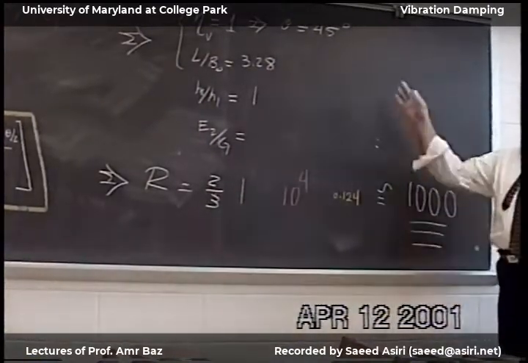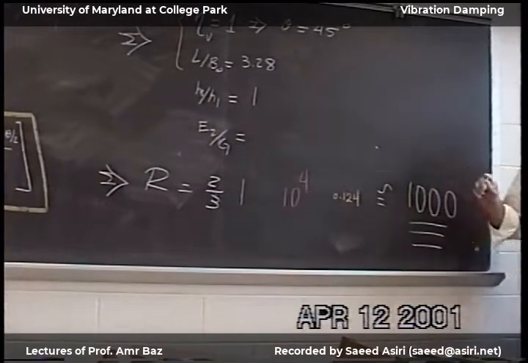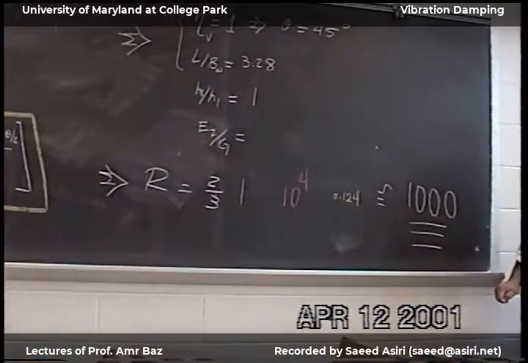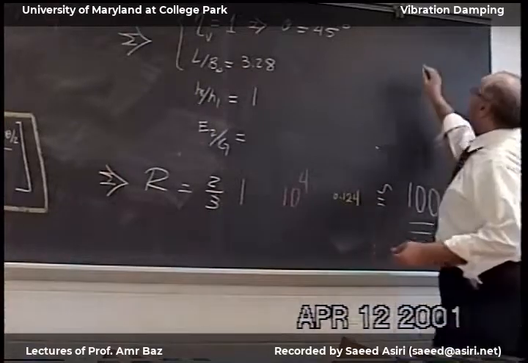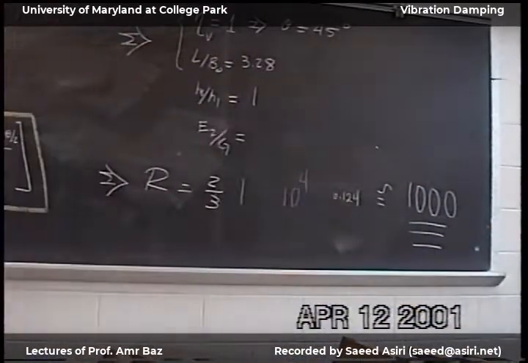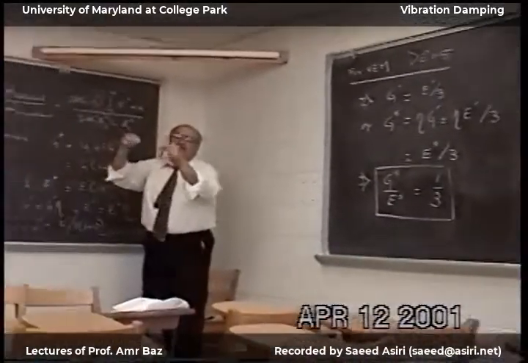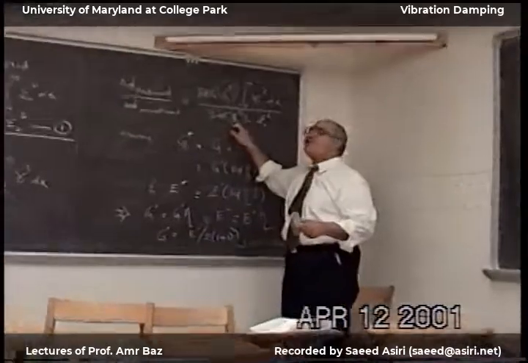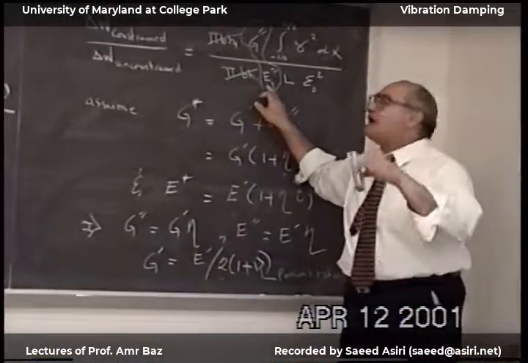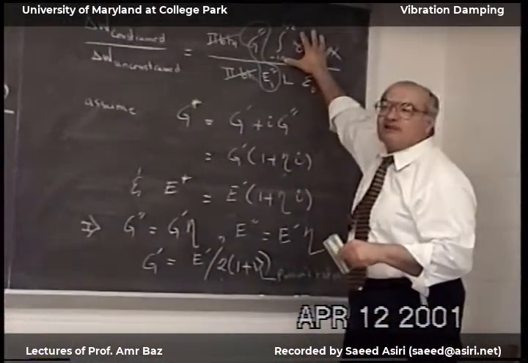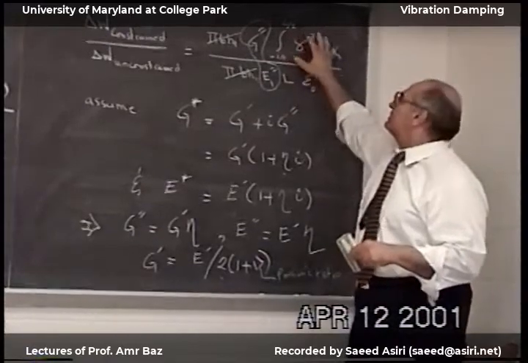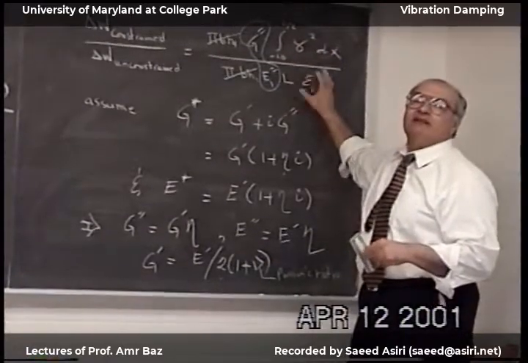Okay, and this is the main reason for using a constraining layer. So the bottom line of all this: I'm penalizing myself because I'm using a soft modulus compared to a very rigid modulus, but I'm compensating for this by very large shear deformation as compared to the longitudinal deformation.